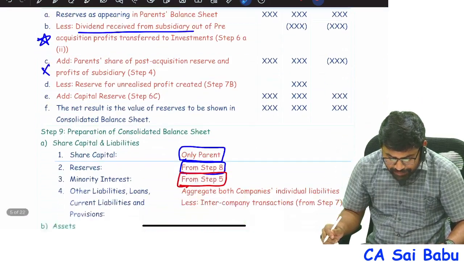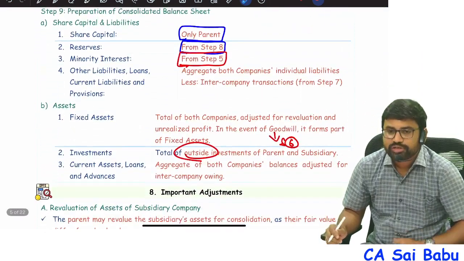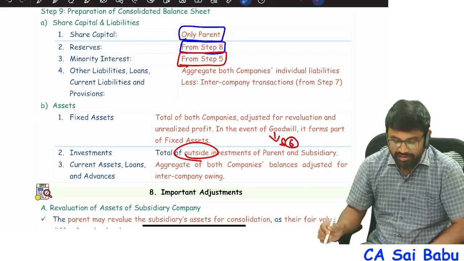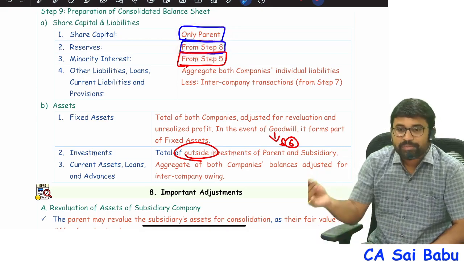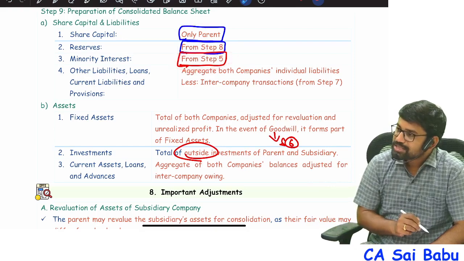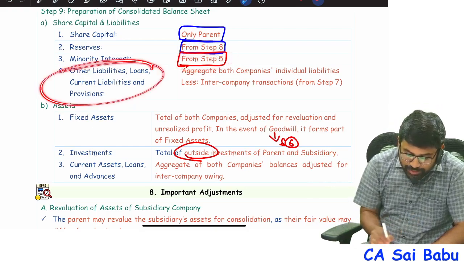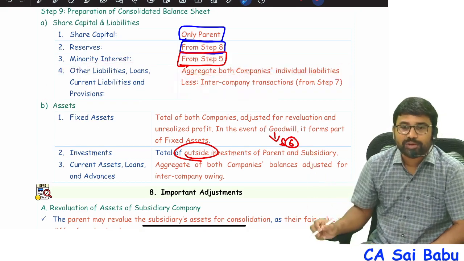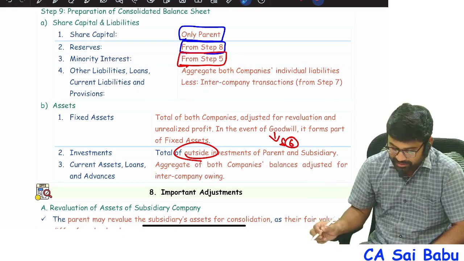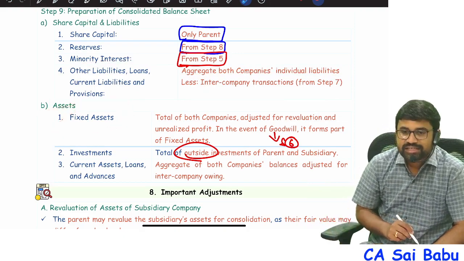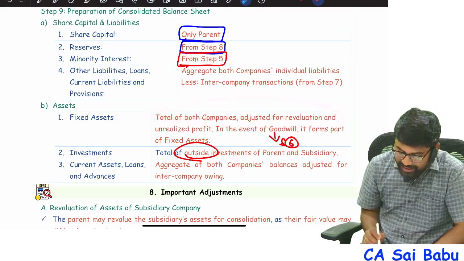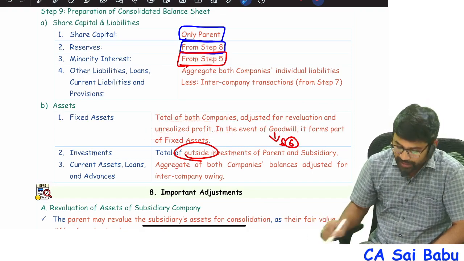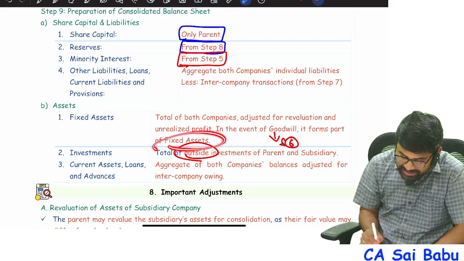In preparation of consolidated balance sheet, already I told you, share capital, always which company share capital we need to take? Parent. Reserves, step number 8. Minority interest, step number 5. And any liabilities, both the companies' liabilities minus intercompany transactions. Intercompany owings eliminate. Fixed assets, same. Both the companies' assets will be added. And any unrealized profit, any revaluation, adjust. And also any goodwill comes in step number 6, take it.